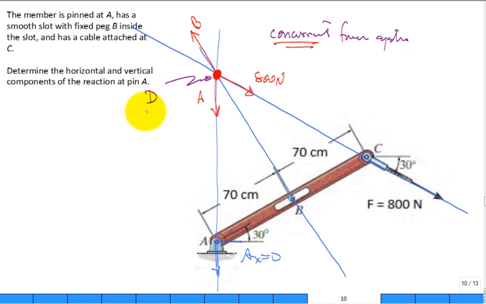The sum of those forces has to be equal to 0. And so then you say to yourself, well, then AX is equal to 0, obvious by inspection. And then what about the AY?